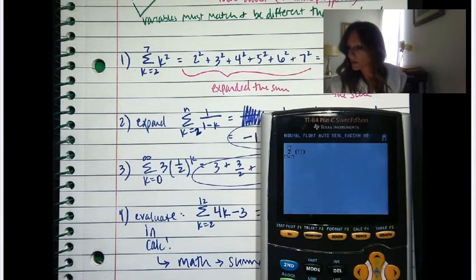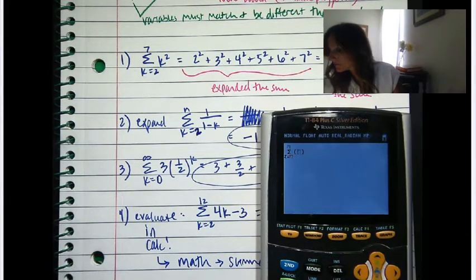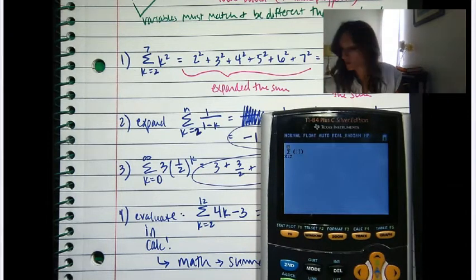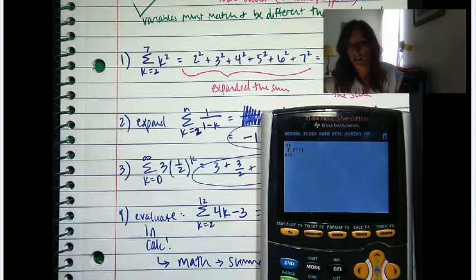So I'm going to put x equals 2 instead of k. And then in the upper bound, I'm putting 12. And then in the parentheses, I need to put the entire explicit rule. So I don't want the minus 3 out of the parentheses or anything like that. I need that whole rule in there.